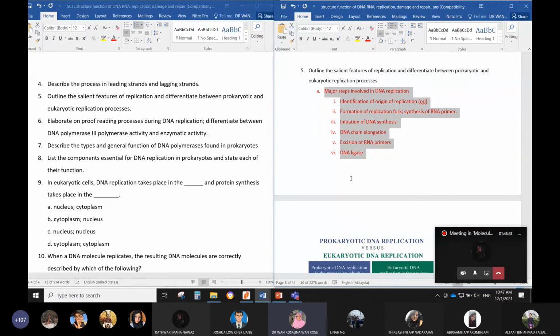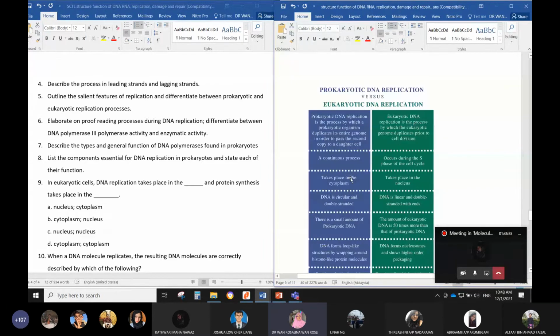And then the DNA synthesis would commence with your polymerase. Then your RNA primer would be degraded by DNA polymerase and then filled in by DNA polymerase 1 also. And then the gaps between these fragments would be glued together by your DNA ligase. So that would be the major features.